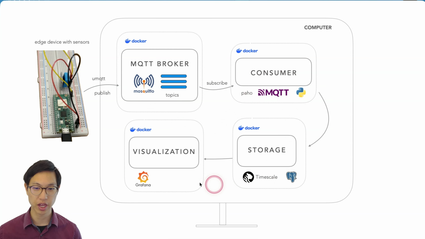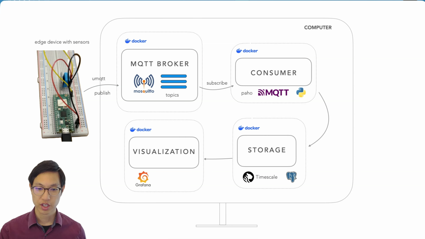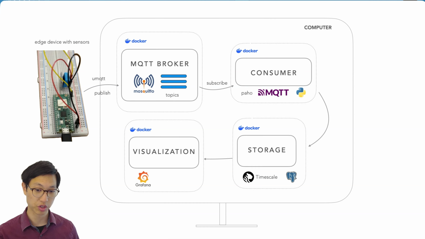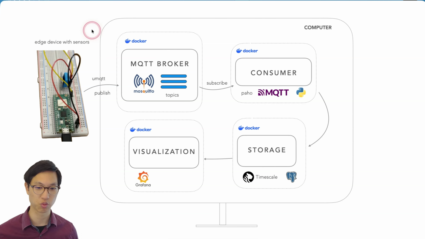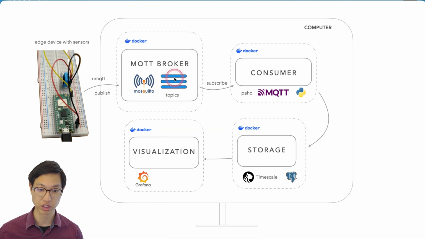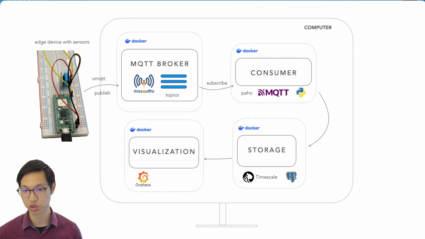This pipeline is meant for observability and historical reasons, while if you want to make quick decisions, you can do it directly on the edge device so that you don't have the latency. So it's very good for monitoring and observability. You could monitor a lot of different sensors. You're not stuck with just one sensor, that would be totally boring. But for this demo, I'll just show you one sensor only, which has two different readings.